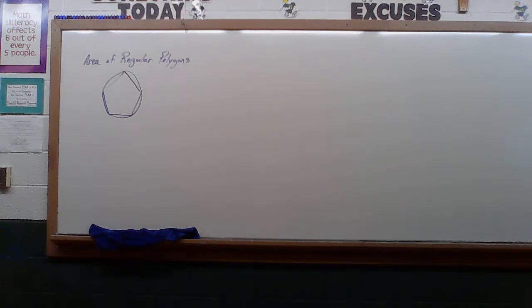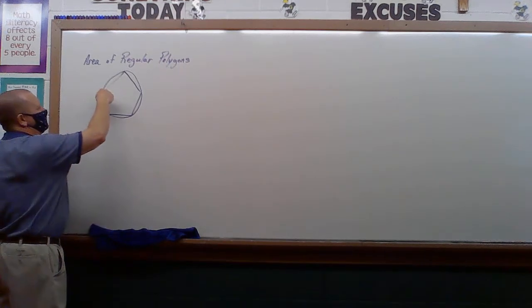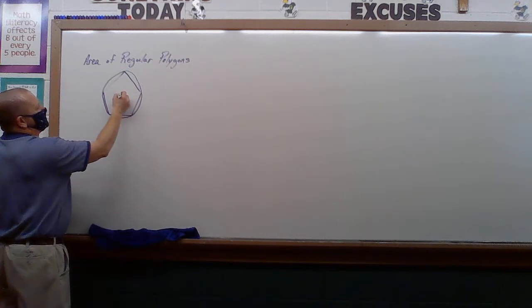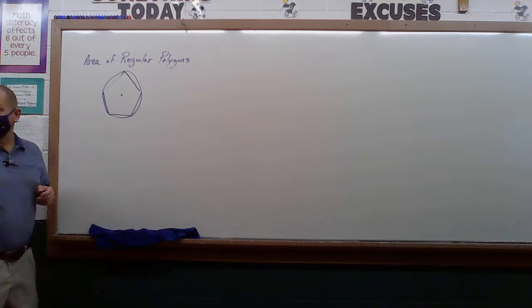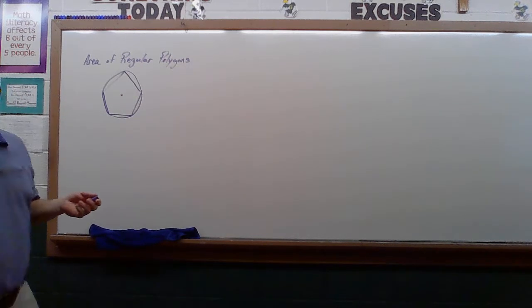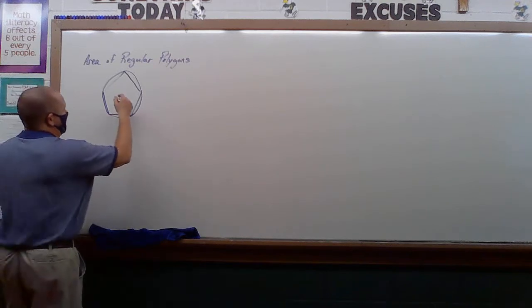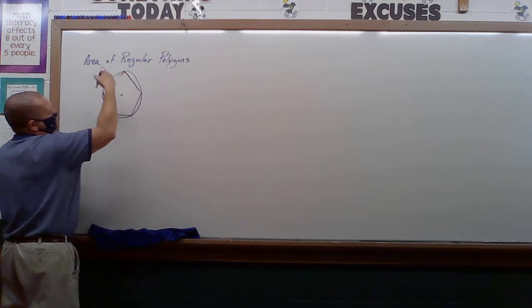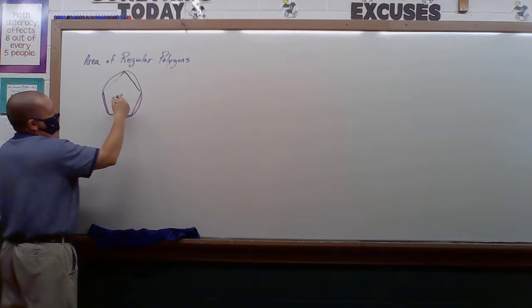But realistically now, if I hit this right here every single time, and I then found the center of my circle, would you agree that I could draw a radius to every single point on my figure, in our case, pentagon?